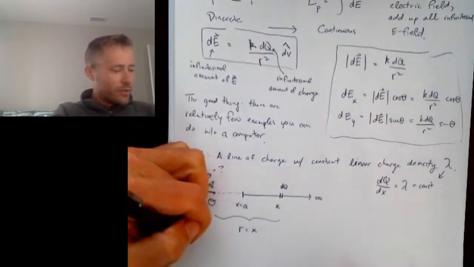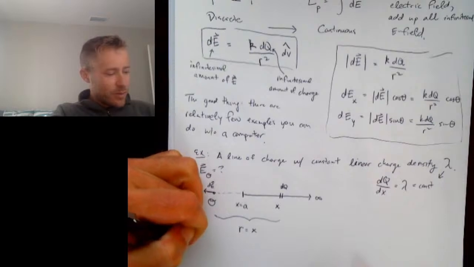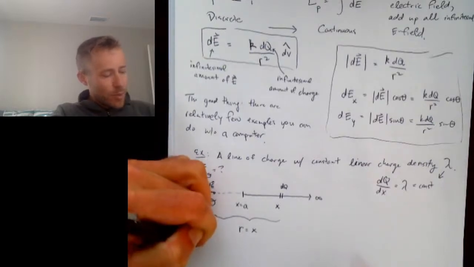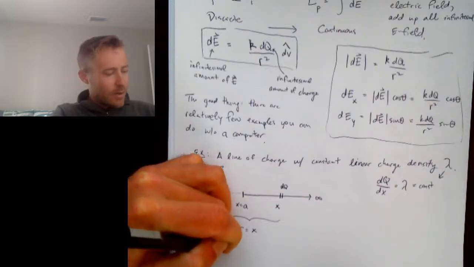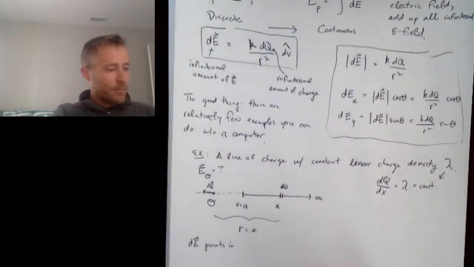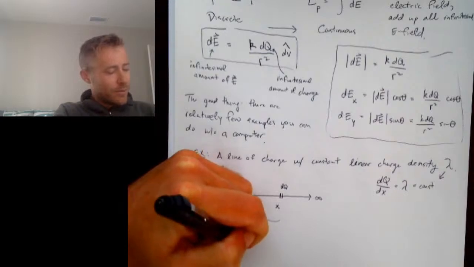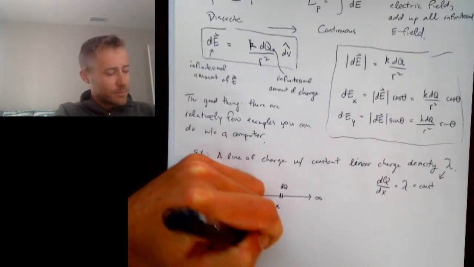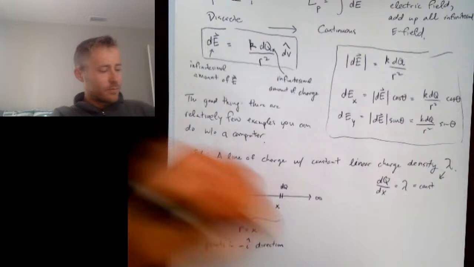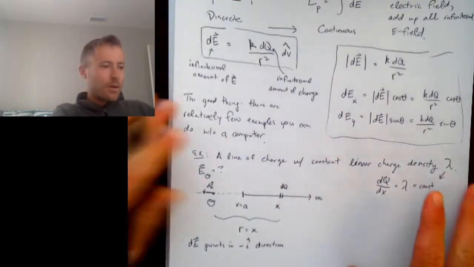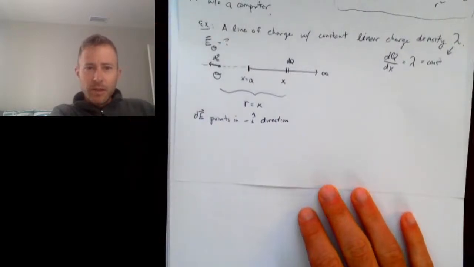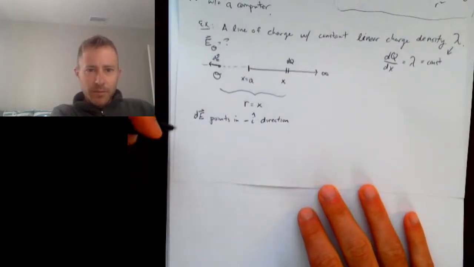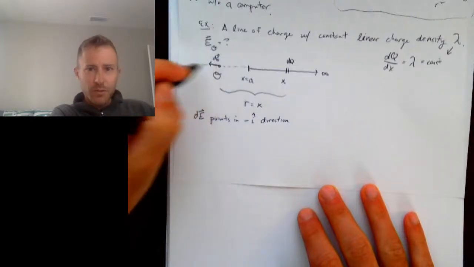Furthermore, we can see that dE points in the negative i hat direction, just because that's to the left.